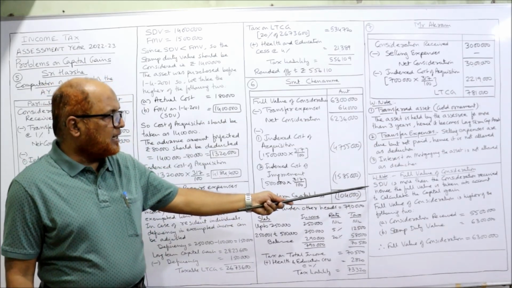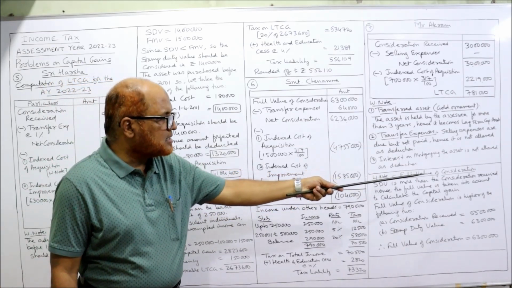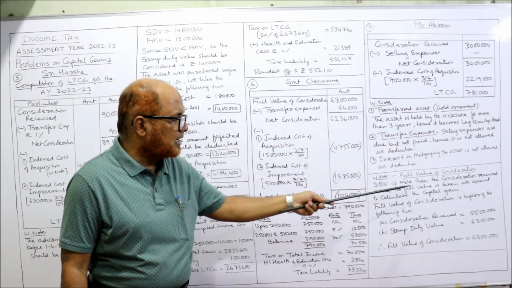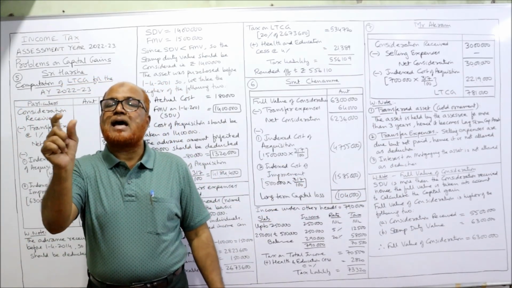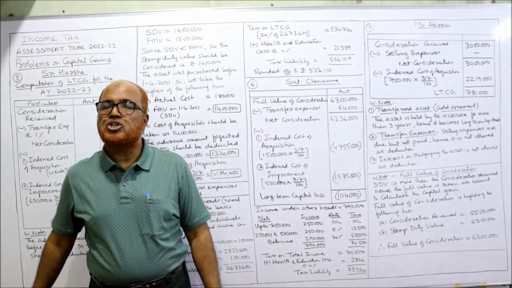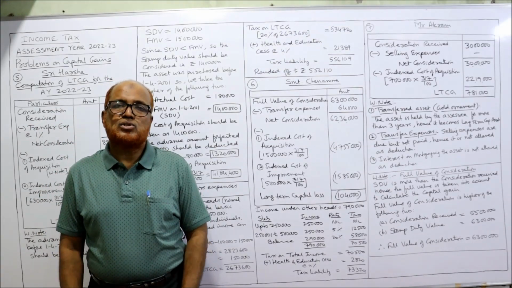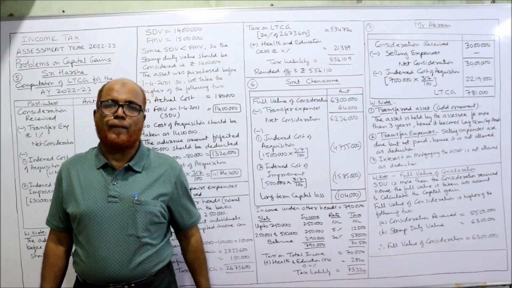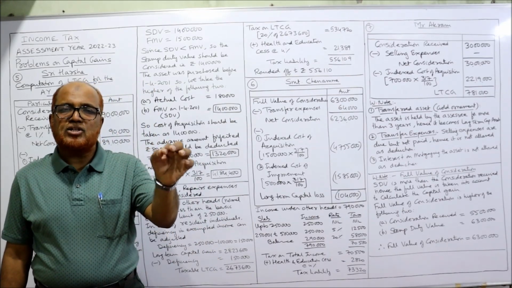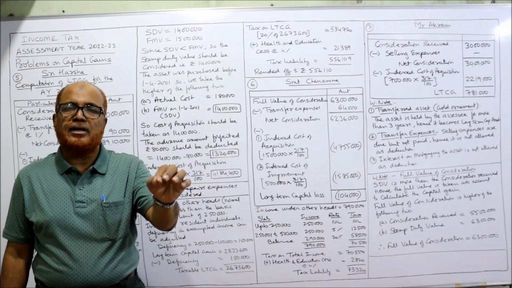How? The stamp duty value is more than the consideration received, hence the full value is taken into account to calculate the capital gain. So when we compare the stamp duty value and consideration received, we have to find out the full value consideration, which is higher of the following two: actual consideration received or stamp duty value.